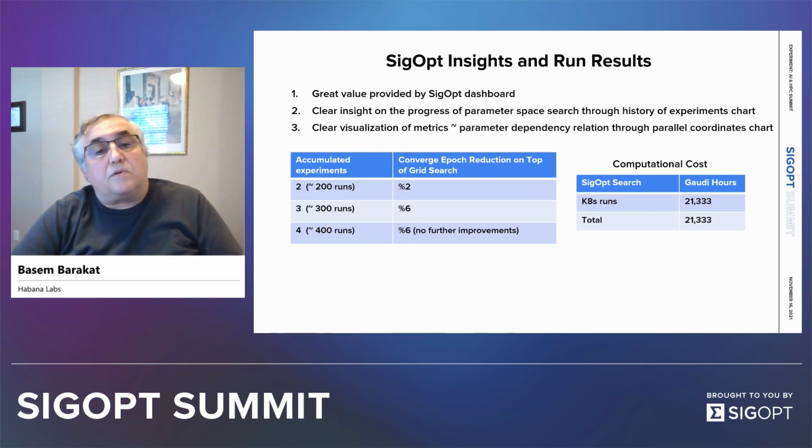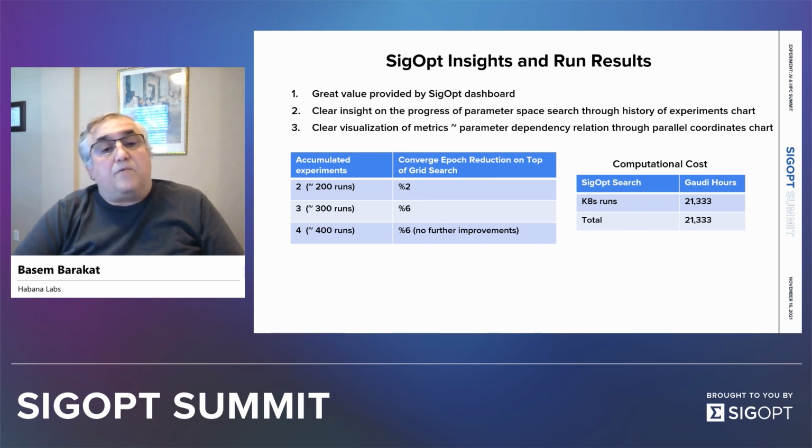So after two sets of experiments, which is a couple hundred runs, we got an improvement of 2% compared to the manual search. Then we ran another round with 300 runs total, cumulative, and we got another 6% improvement.